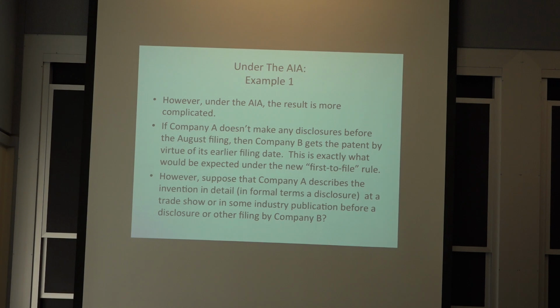If A had disclosed something before B filed the application, then A gets the patent because A gets that grace period. So this is where first to file doesn't really mean first to file. And this is where the race to the steps of the USPTO doesn't necessarily go to the swiftest.